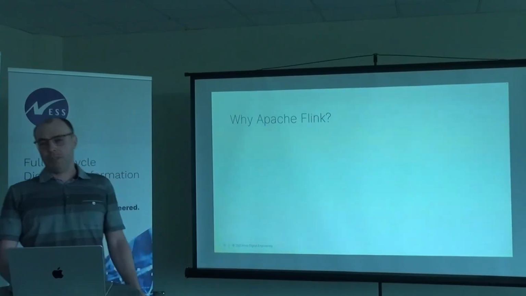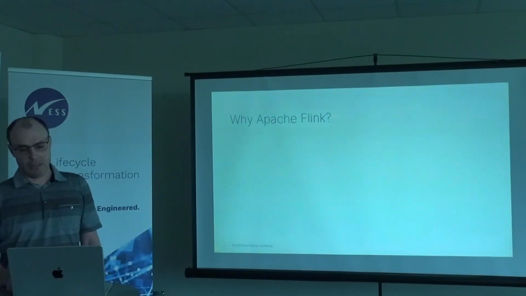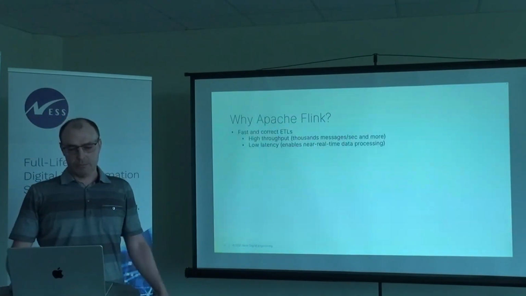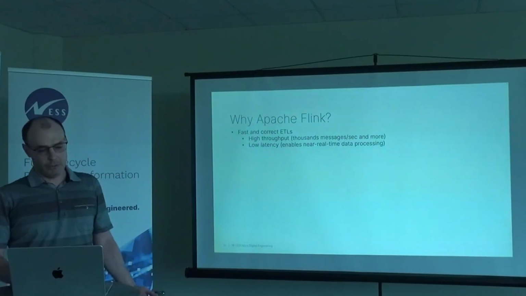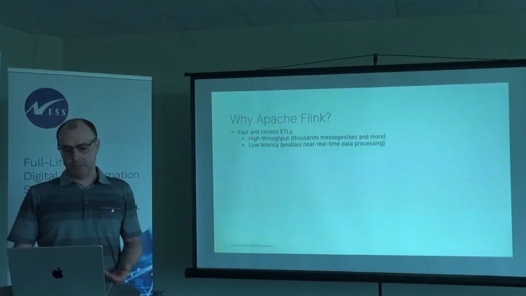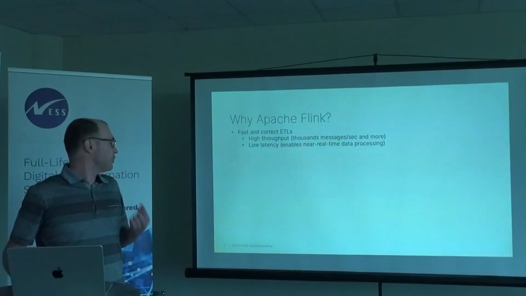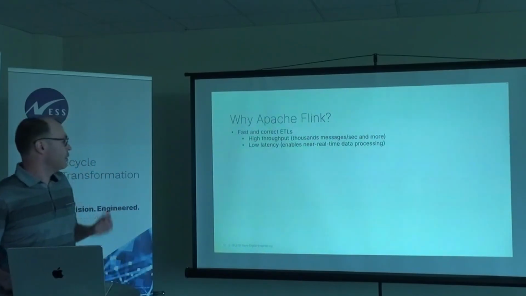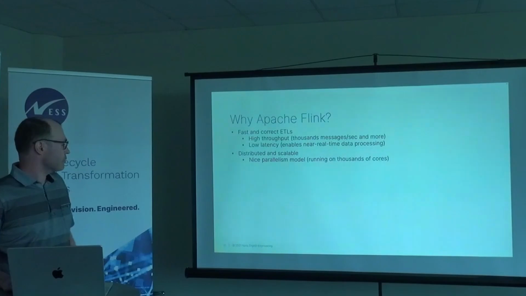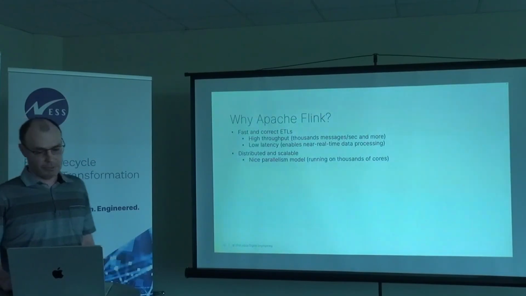So why did we decide to use Apache Flink? First of all, we are talking about fast and correct ETL, with the highest throughput and low latency, so that's fine. It's distributed and scalable.